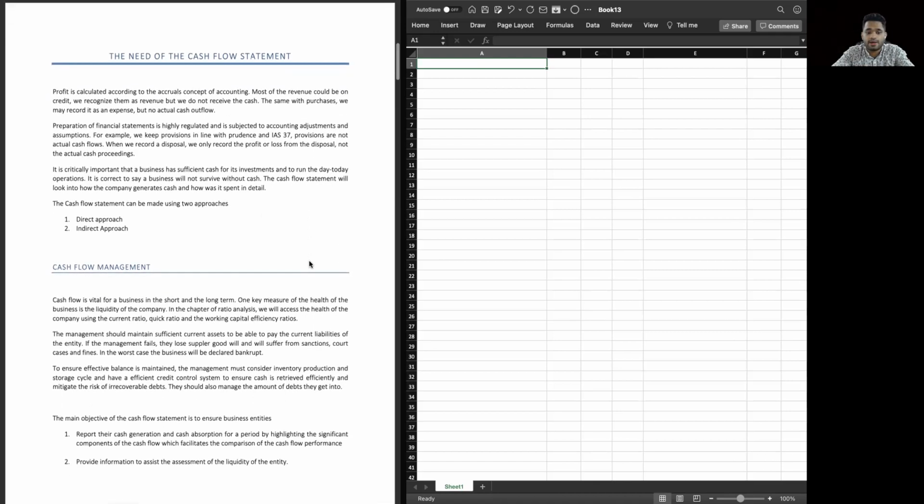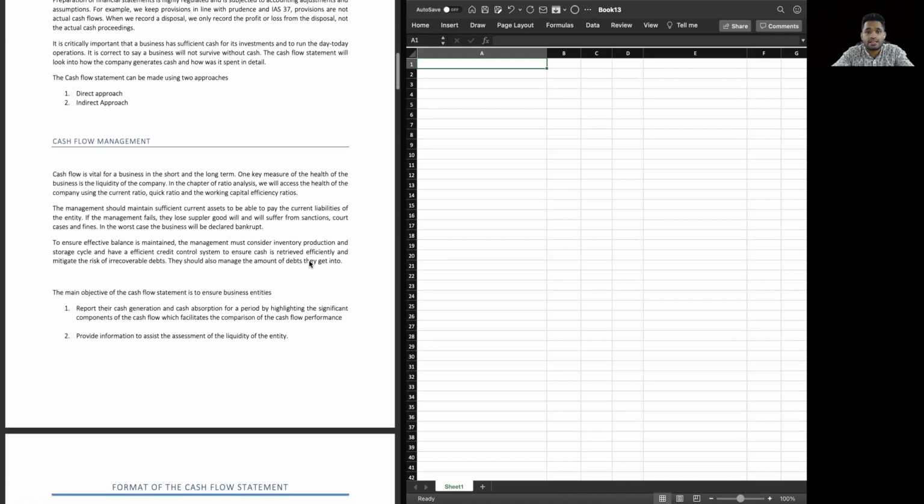Now, cash flow management is a very important aspect for an organization. An organization can continue to exist while making losses. But the moment the organization runs out of cash, the organization goes bankrupt.